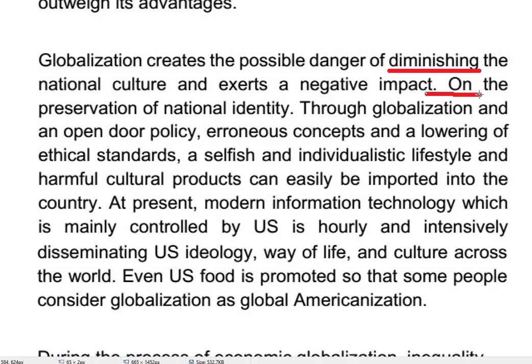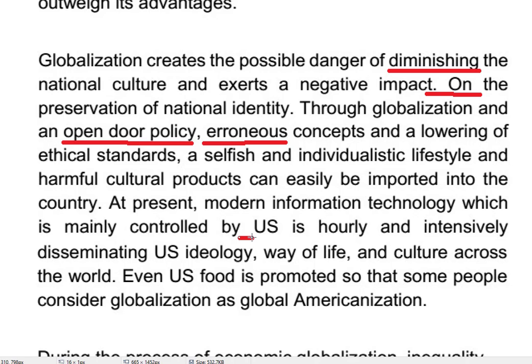Open door policy. That is very good. Erroneous concepts. Okay, that's good. Ethical standards. Harmful cultural products. At present, modern information technology, which is mainly controlled by the US, I'm missing an article here, is hourly and intensively disseminating US ideology.